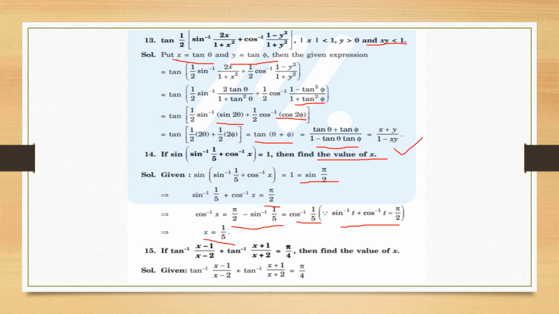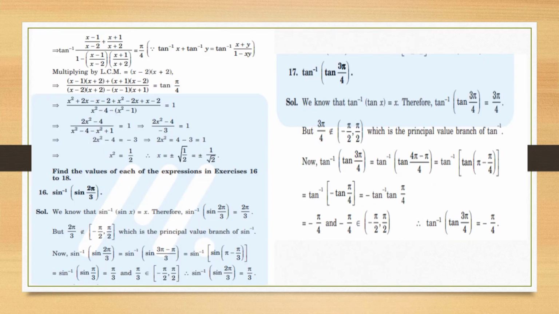Number 15 is tan inverse of x minus 1 upon x minus 2 plus tan inverse of x plus 1 upon x plus 2 equal to pi by 4. I have to find the value of x. Now I will use the formula of tan inverse A plus tan inverse B, which is tan inverse of A plus B upon 1 minus AB. Then after taking LCM, I'll operate by tan on both sides.